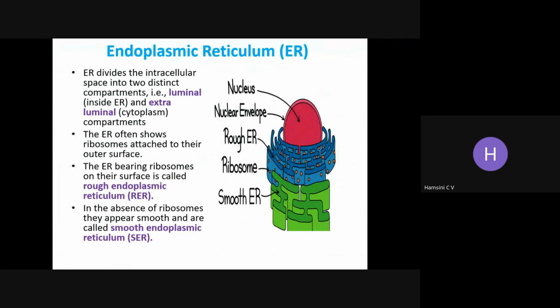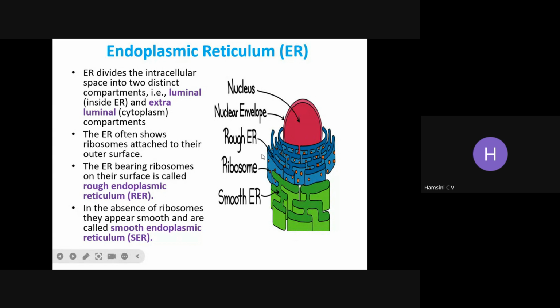No need of writing. That is the meaning of luminal and extraluminal spaces. The ER often shows ribosomes attached to its outer surface. You can see here there are two distinct types. One where you can see dots present on the membrane, we call it rough endoplasmic reticulum, since the surface is rough due to the presence of ribosomes.